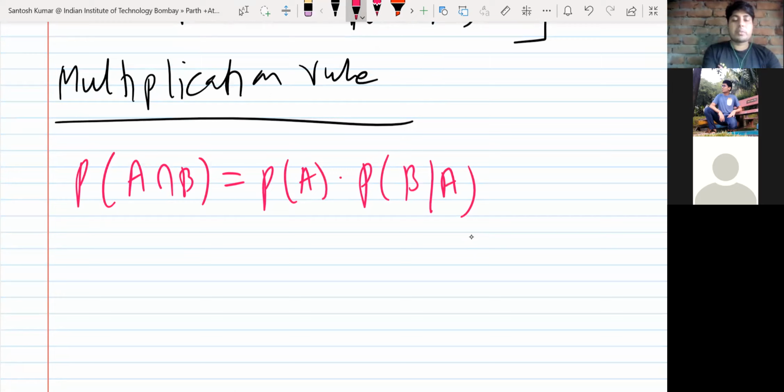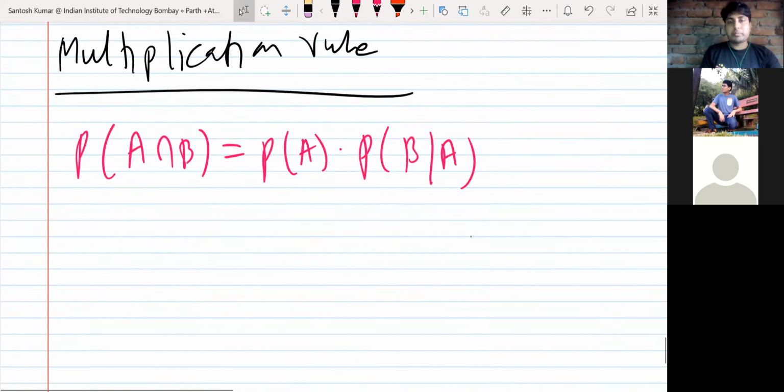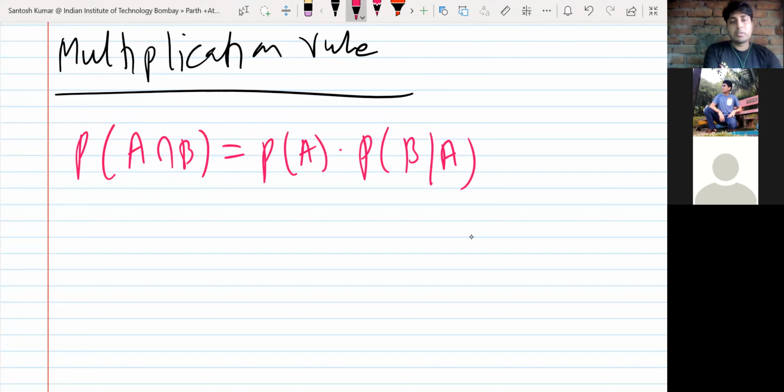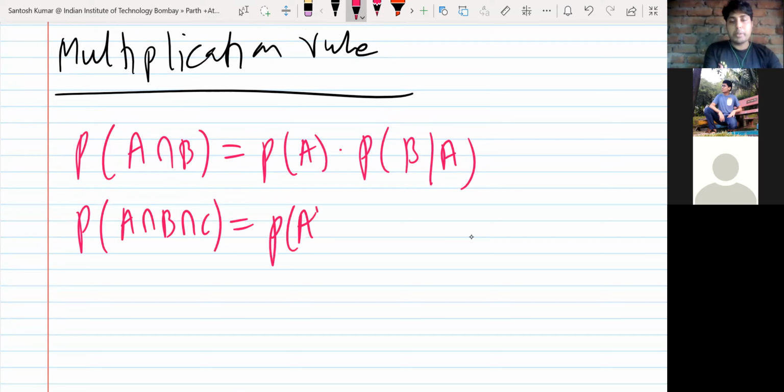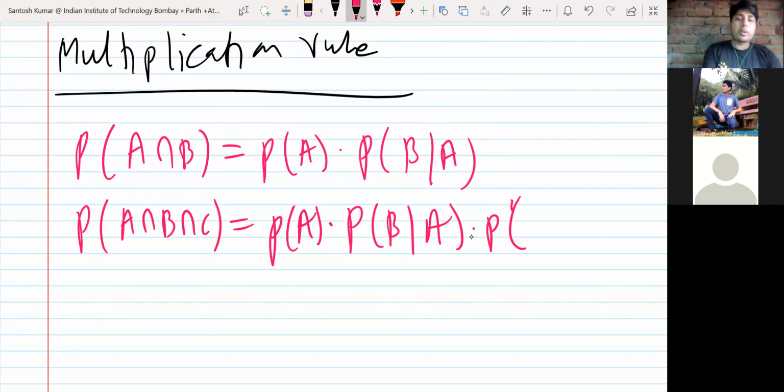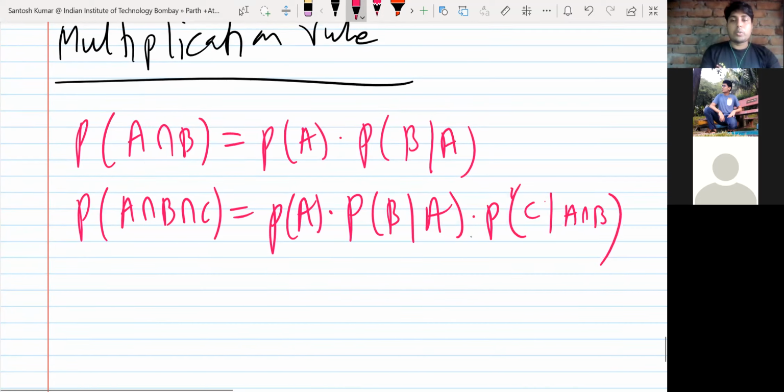Probability of A intersection B, you can write PA into P of B given A. Generalizing, if you write A intersection B intersection C, you can write probability of A into probability of B given A into probability of C given A intersection B. Why A intersection B?